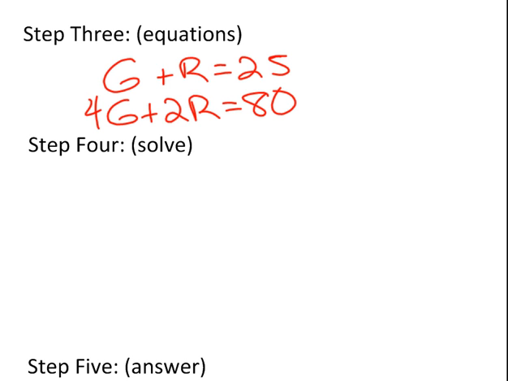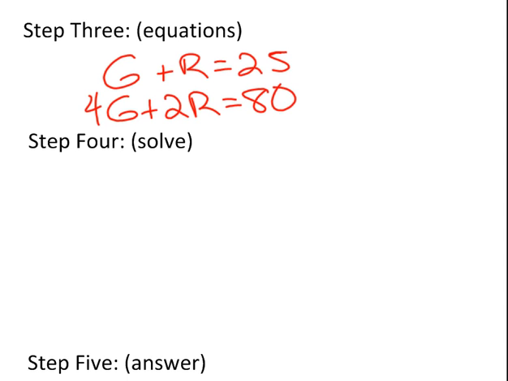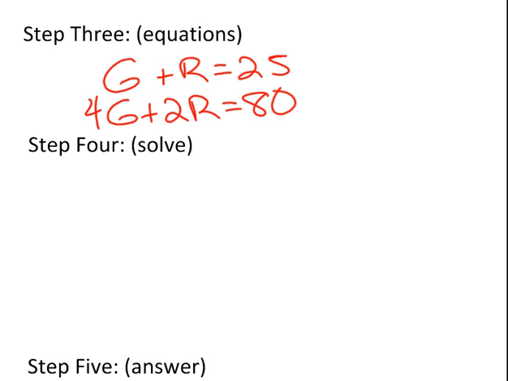Now you have to solve that system. It doesn't matter which method you choose. We used substitution for the last one, so let's do linear combinations for this one. It doesn't matter which we eliminate, the G or the R. Let's eliminate the G. I just randomly picked the G. So if this is a 4 and this is a 1, remember they have to be the opposite number.